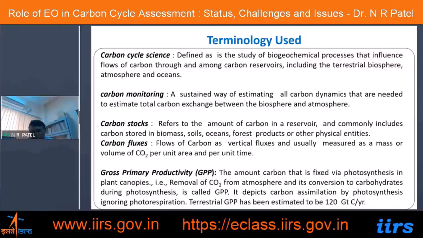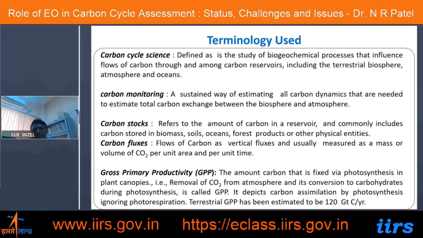Carbon stock is one part of a pool: vegetation carbon pool, soil carbon pool, atmospheric carbon pool or ocean carbon. That refers to the amount of carbon that is stored in the reservoir. Reservoir may be atmosphere, soil, vegetation or ocean, and commonly includes carbon stored in biomass, soil, ocean, forest products and other physical entities. Then we have carbon fluxes.